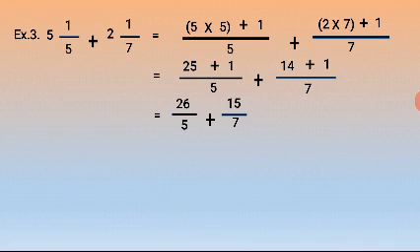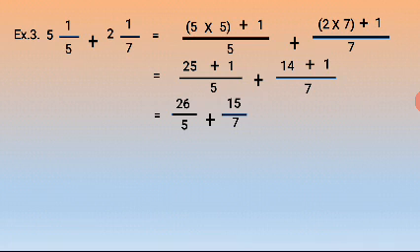The first fraction's denominator is 5, the second fraction's denominator is 7, but these are different denominators. We convert these denominators to the same number, so we take the LCM of those two denominators.